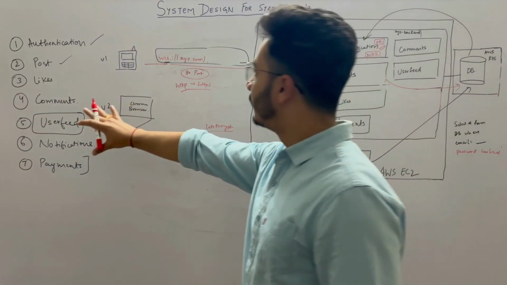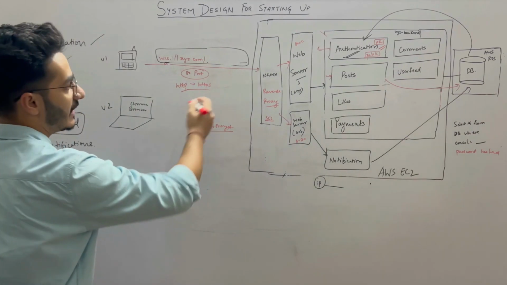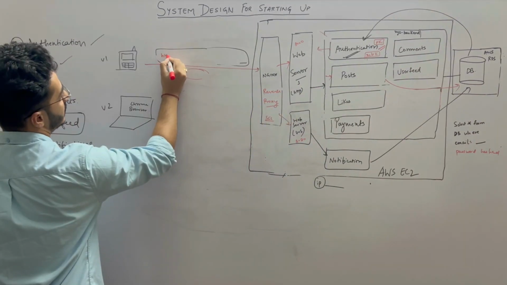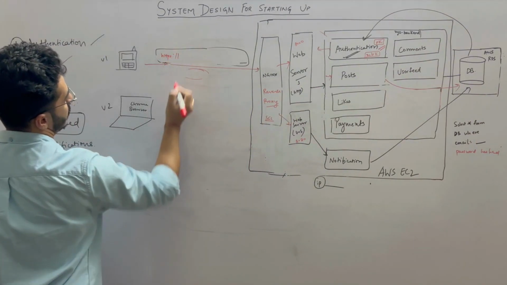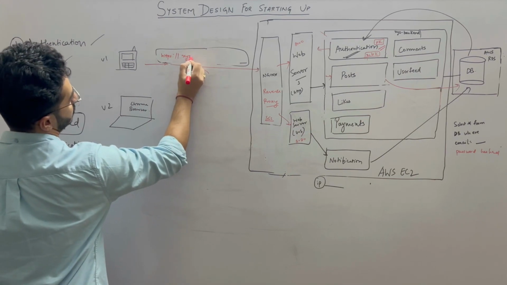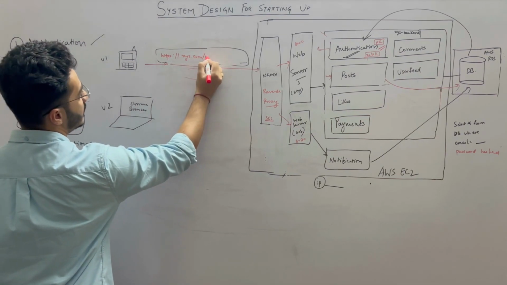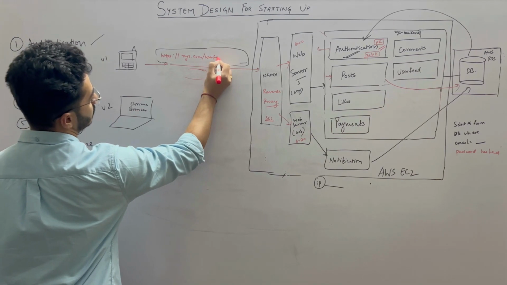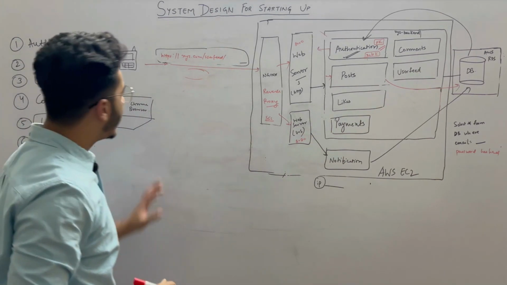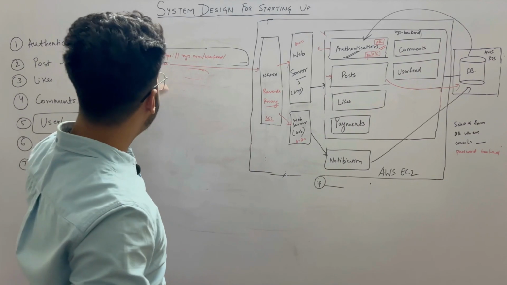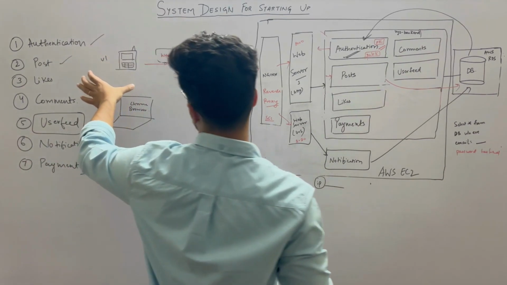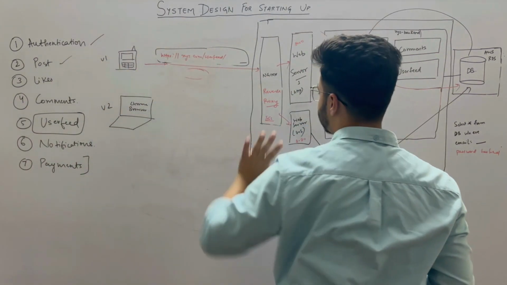Now for user feed, the user will hit the endpoint https://xyz.com/userfeed, and it will pass its JWT token after login in the headers of this request.